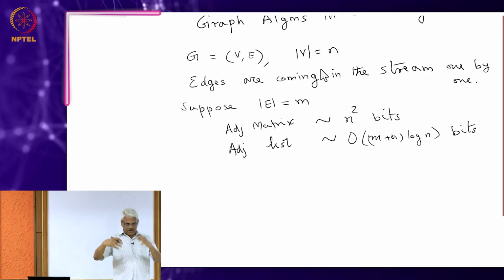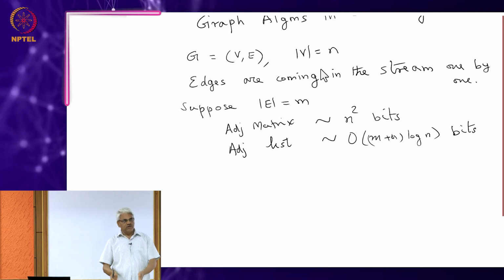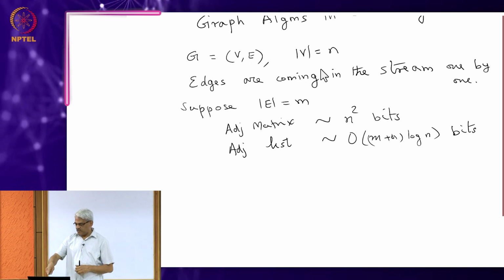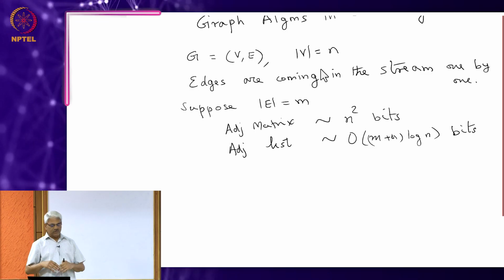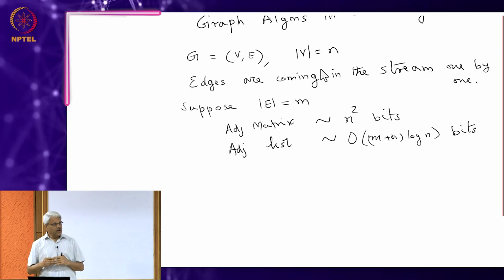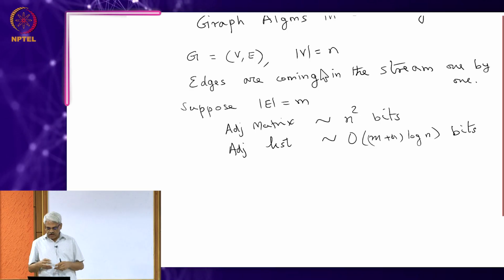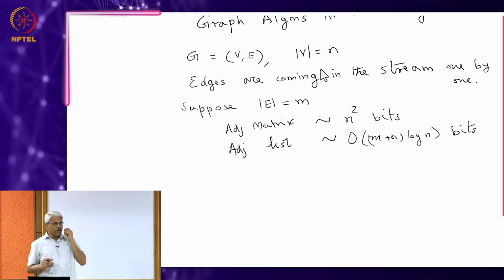Whenever a new edge comes, update and store your graph, and whatever time it takes to solve your problem, answer that. Now that space is going to be either n square or (m plus n) log n, and our goal in this is to do it with preferably much less space. So I want to do much less than n square or much less than m log n bits.